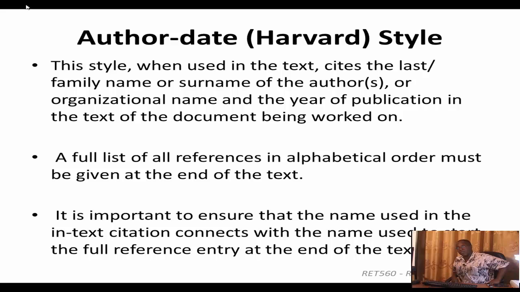Again, for the example of Brown and Jones, you want to make sure that in the reference list you also have Brown, AJ, and Jones, IB. But the names must correspond, so that the citation and the reference list are very clearly linked.